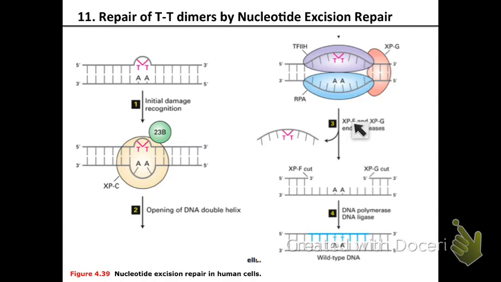They also recruit these two endonucleases, XPF and XPG, and they basically cut the strand containing the TT dimer to remove that DNA that's containing the damage. Okay, so that basically gets removed out. And it gets chewed out and the cell gets rid of it.